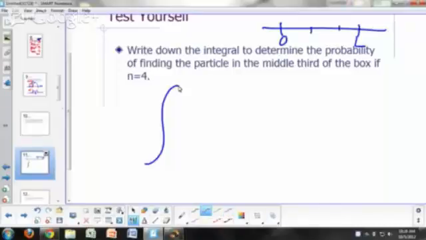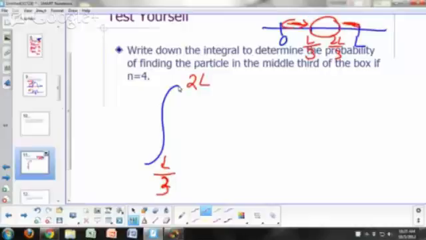This is L over 3, 1/3 of the box, right? This would be 2L over 3. So this is the left third, this is the right third. Where's the middle third? This one right here. So what will be your limits? From L over 3 to 2L over 3.